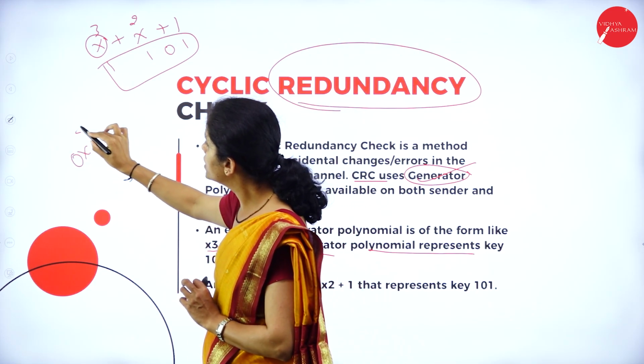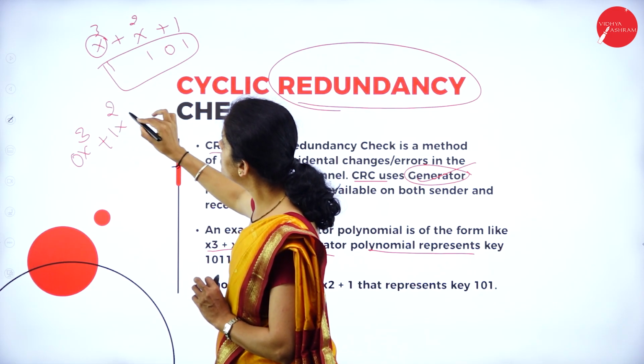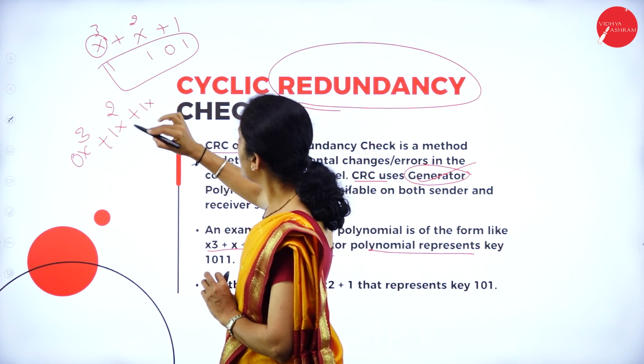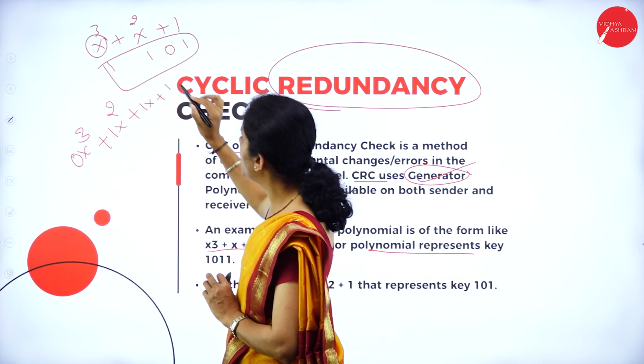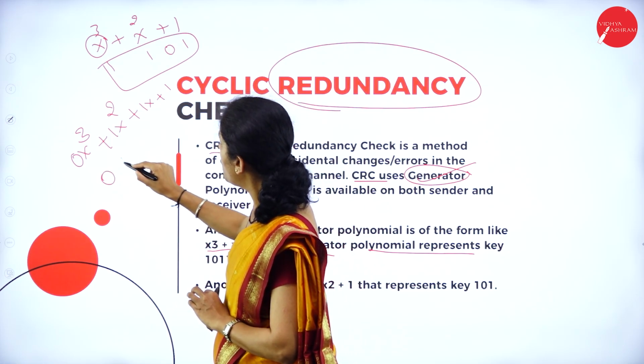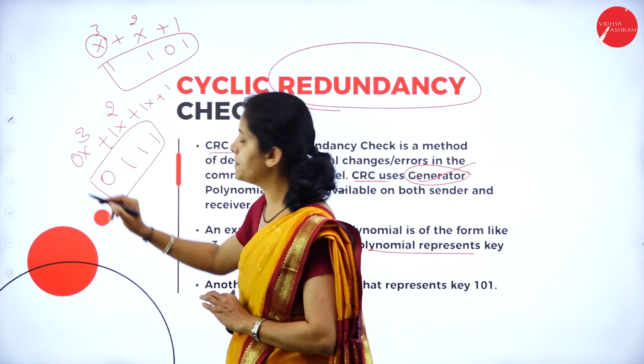There are certain situations where I'm going to have polynomials like 0x cube plus 1x square plus 1x plus 1. In this situation, what is my key? 0, 1, 1, 1. So this is my key.